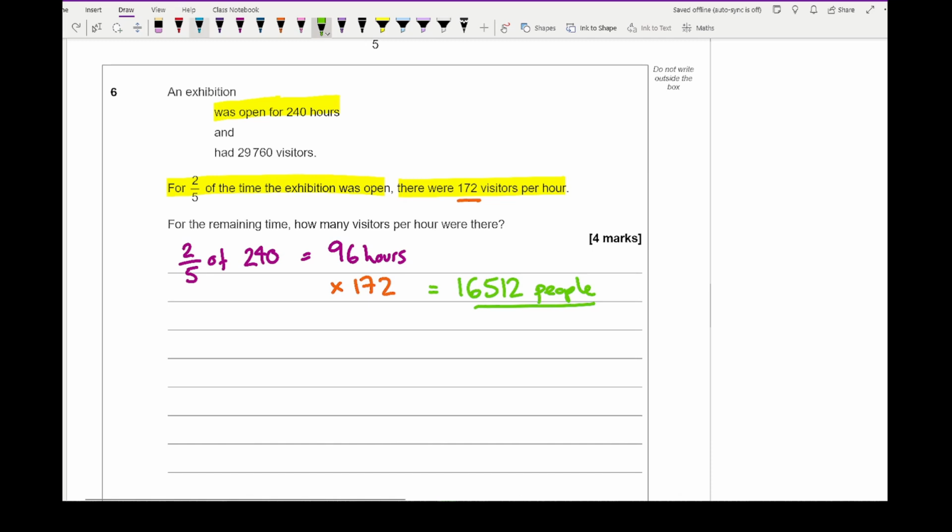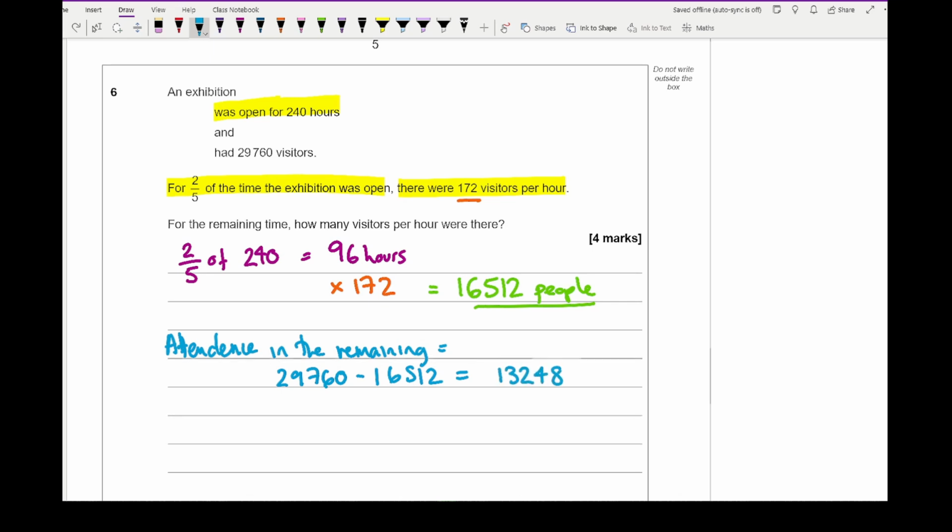Now in terms of the remaining time, the attendance in the remaining time, which is going to be 3/5 of 240, is going to be 29,760 minus the initial attendance, which was 16,512, and that gives us an answer of 13,248 people.